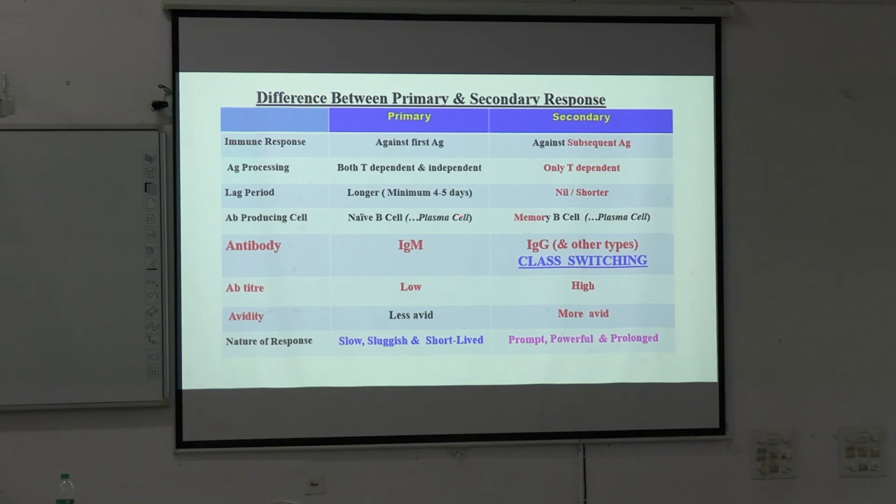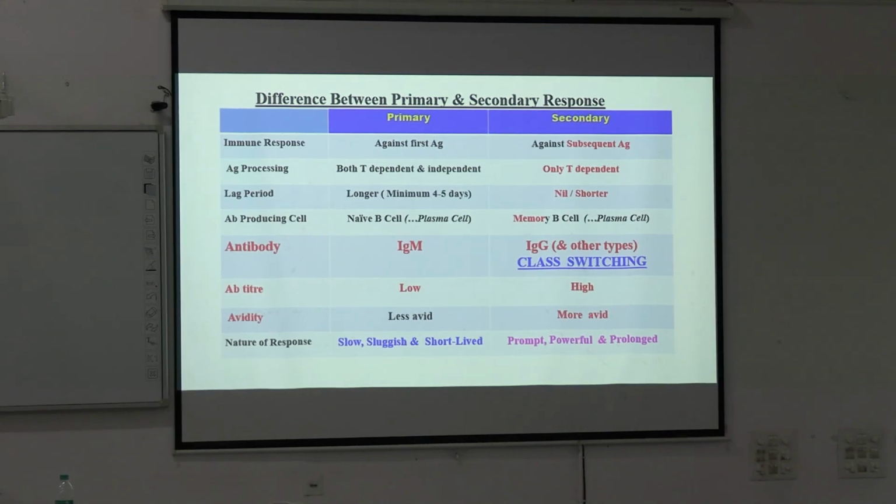Lag period. As I told you, lag period is from the time of introduction of infection to development of antibody. So lag period is longer in primary response. Do you agree? In secondary response, lag period will be shorter.